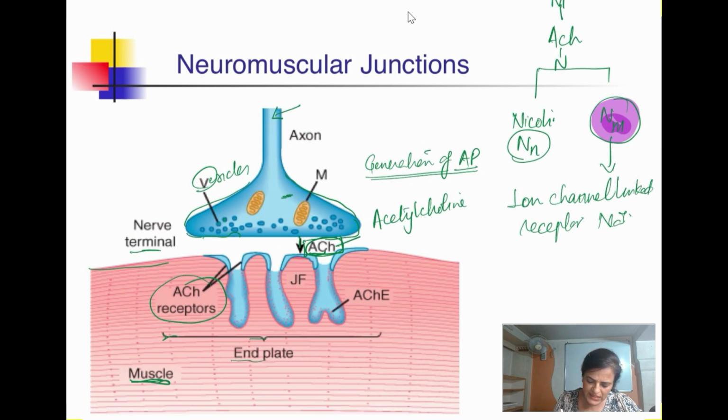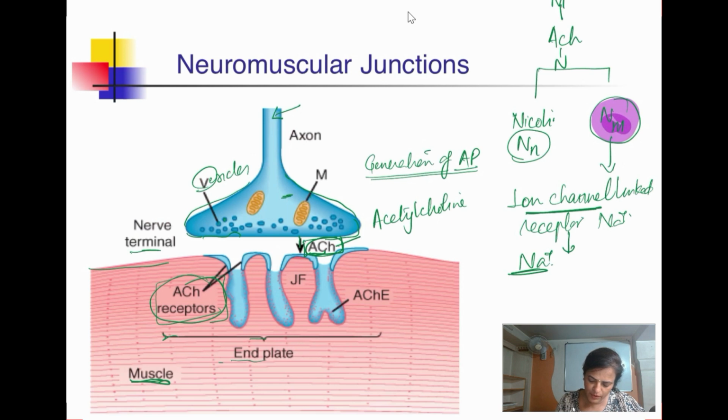So once this acetylcholine binds with the acetylcholine receptor, what will happen? There will be opening of this ion channel. Once this ion channel opens, there is an influx of the sodium ions. Now what will happen with this sodium influx? Depolarization. Sodium, always remember, is a positive ion, and it is going to generate the depolarization.